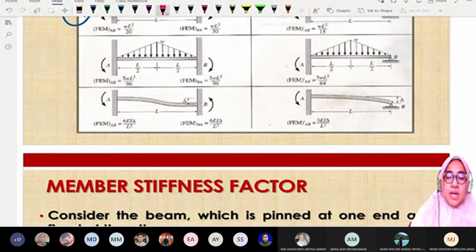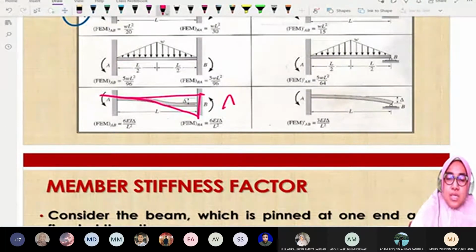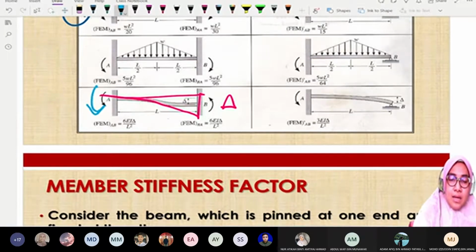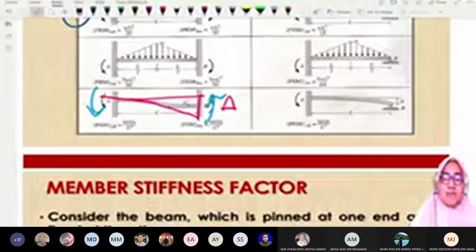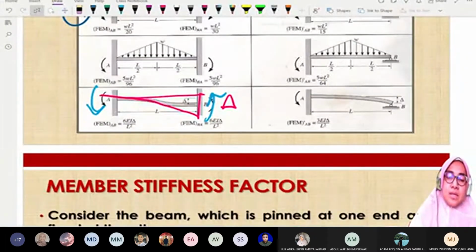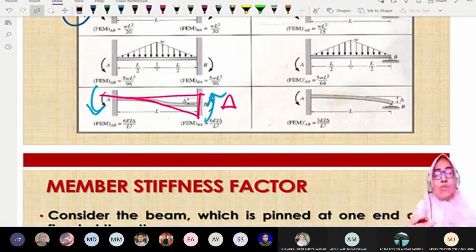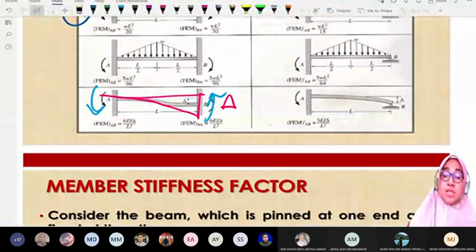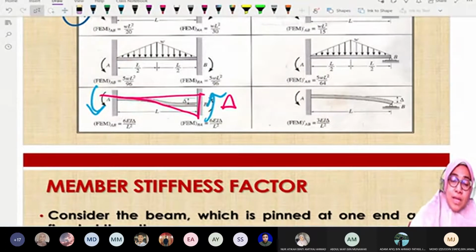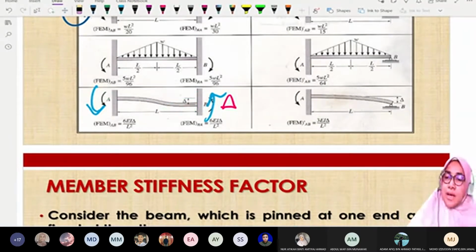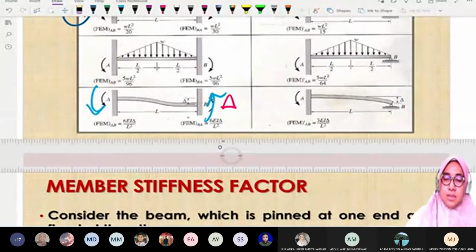Settlement dia macam ni, segitiga ni, settlement. So this is delta. And the moment for this is not the same like previous. Yang ni moment is like this. Why do we get this for settlement? Siapa boleh jawab? Kenapa yang atas tadi semua dia punya sign convention macam ni, one negative, one positive, and why for the last one we get a different moment direction?